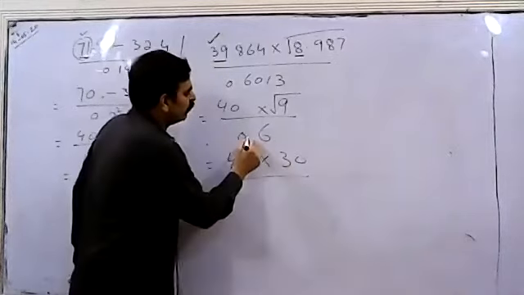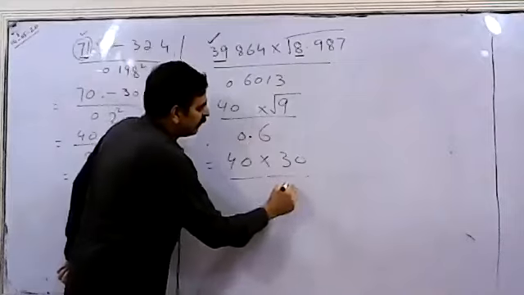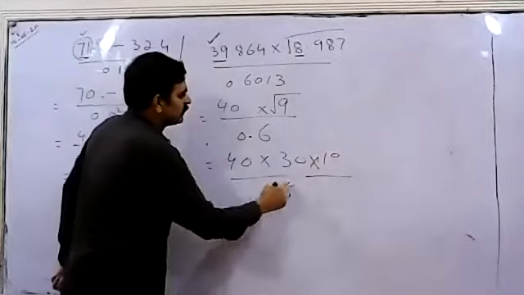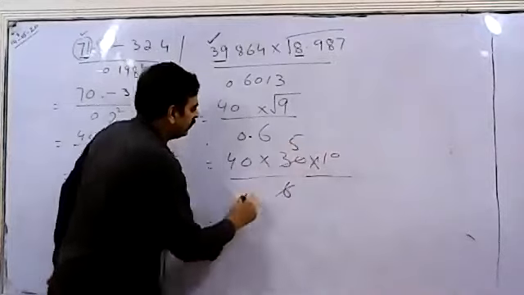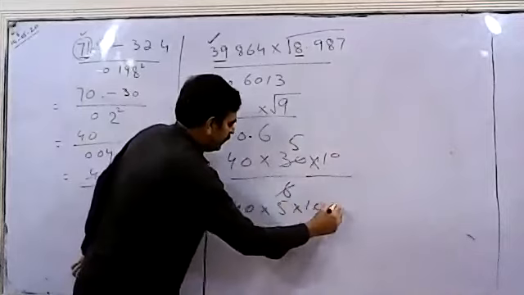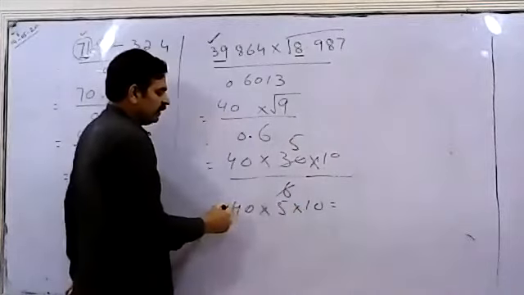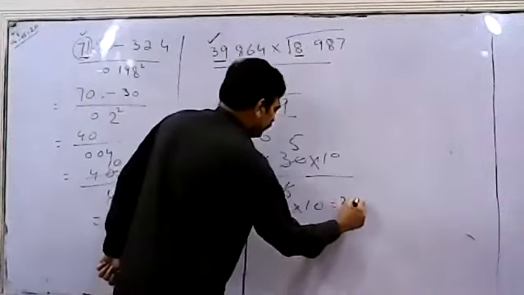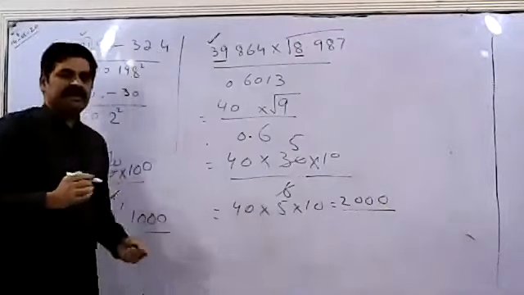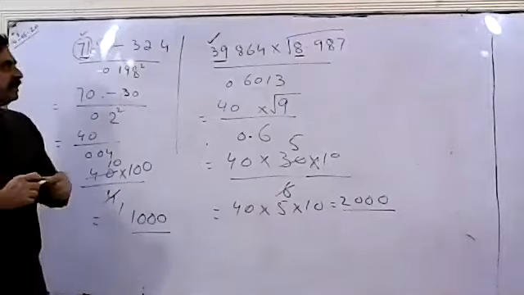If we remove this decimal, we will write 6 and 10 as a numerator. So 6, 1 times 6, 5 times 6 is 30. 40 multiplied by 5 multiplied by 10. If we multiply all these numbers, 5 4s are 20, 0 and 0. 2000 is the answer.